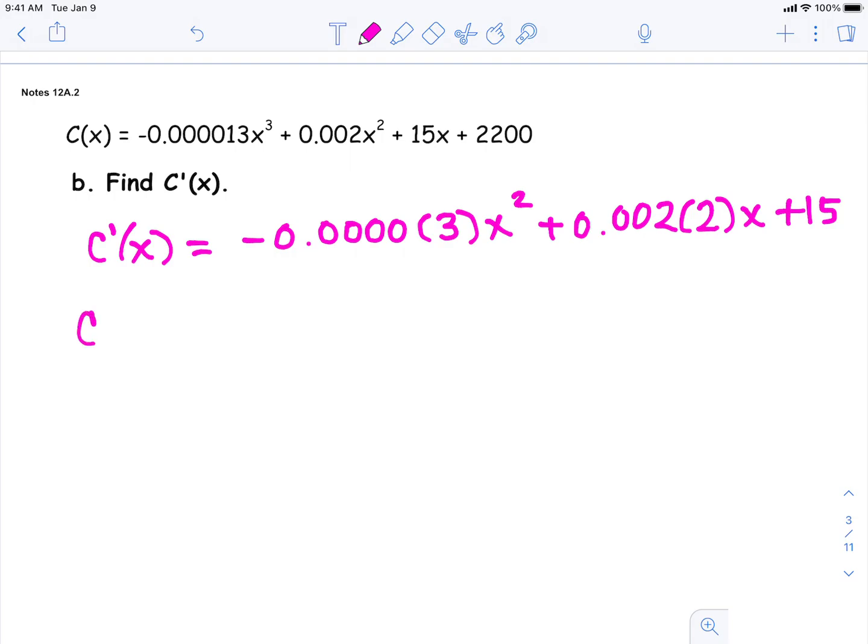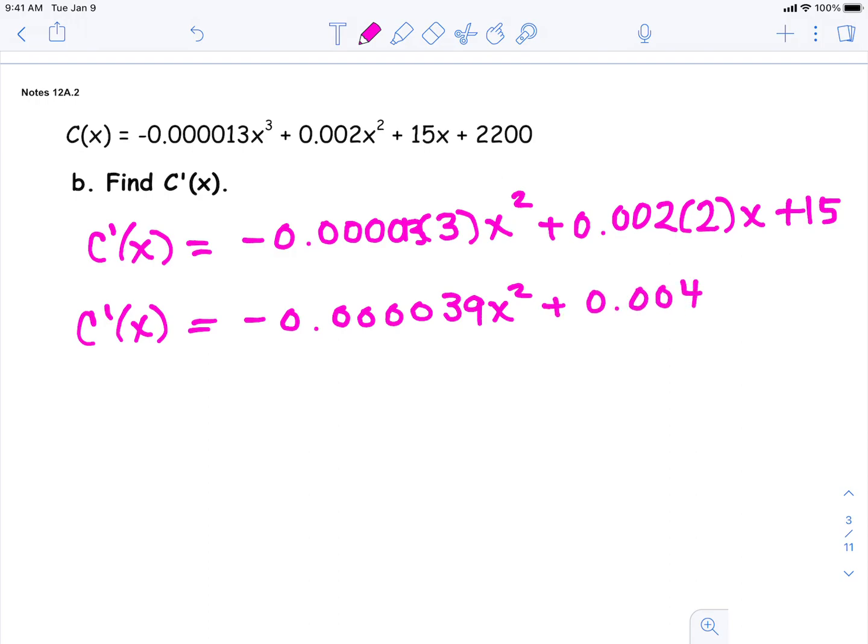So when we simplify that function, actually they're leaving out here a 1 and a 3. When we multiply that coefficient, we get negative 0.000039x squared plus 0.004x plus 15. So there's our derivative function.